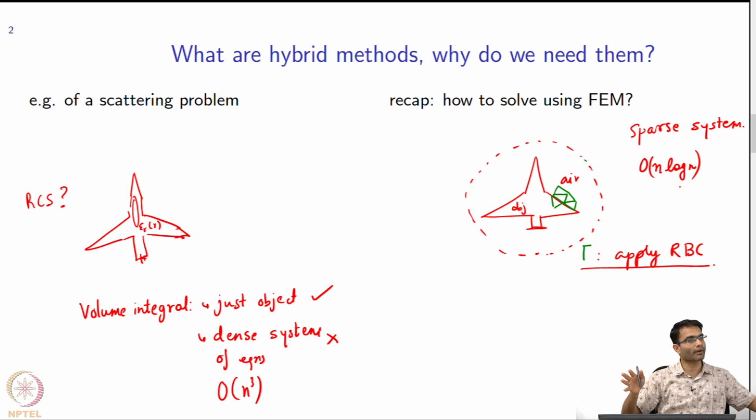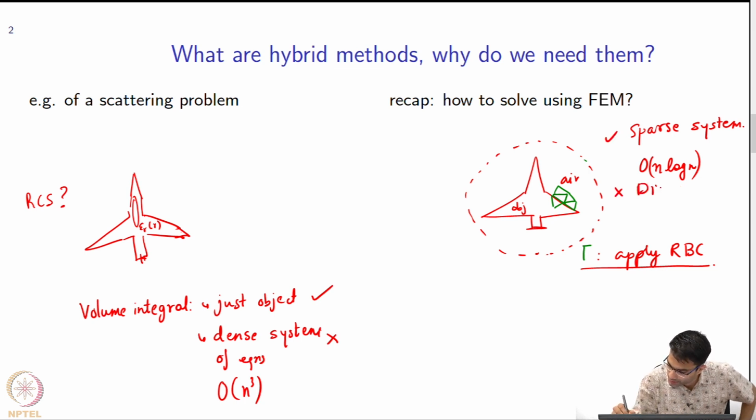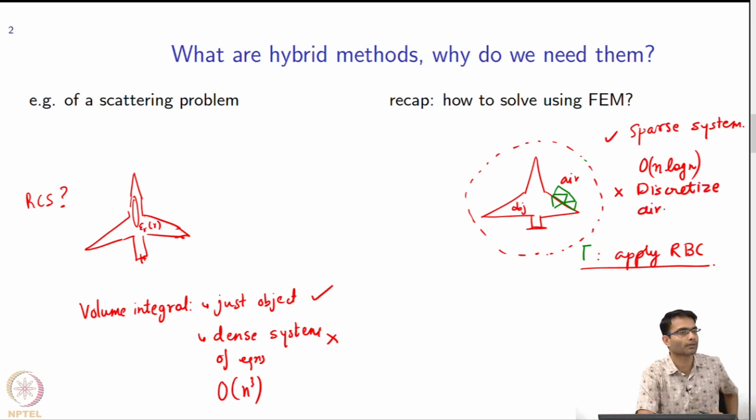And the storage requirement is also a dense matrix. I have to store n squared elements. Here I have to store like a scalar times n, because only sparse entries are there. So that is why you are going ahead with FEM, but this was the plus side, and the minus side is I have to discretize air. So that seems like a bit of a disadvantage.